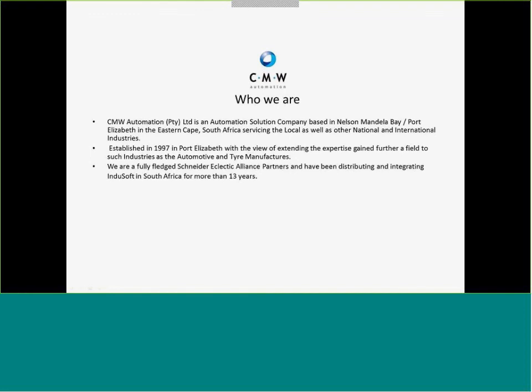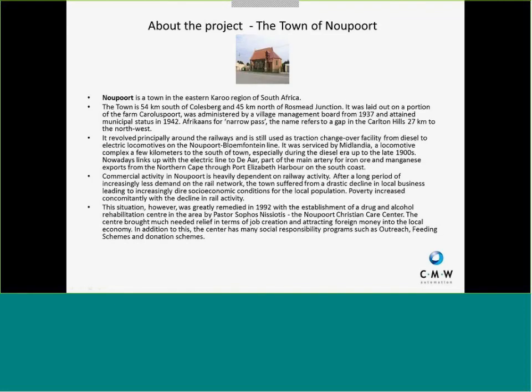We're going to just run through the project that we completed late last year. It's based in a small little town in the Northern Cape in the Karoo region, which is a very arid, semi-desert region. It originally was a locomotive complex where, during the diesel era of the railways in South Africa, they changed from diesel to electric and electric to diesel, depending on which kind of tracks they were running in.